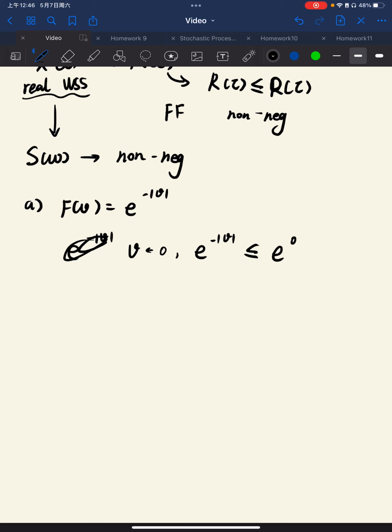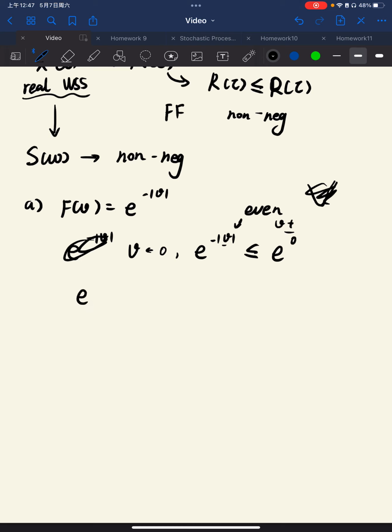And besides, it is even, as following the shape. Whenever v is positive or negative, it always has the same value, so it is even.